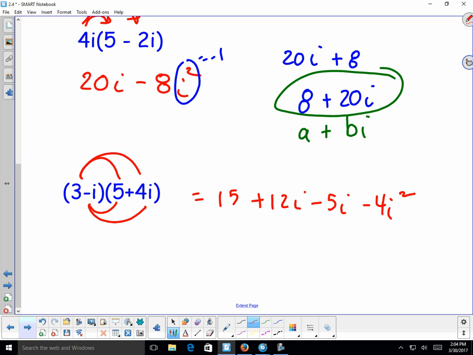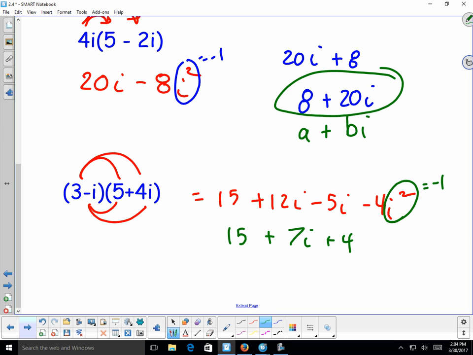All right, and can you clean that up for us, Nick? You can combine like terms. So you're going to have, just to rewrite the whole thing, 15 plus 7i minus 4i squared. That's a negative 1, so that's plus 4. Are we okay with this?